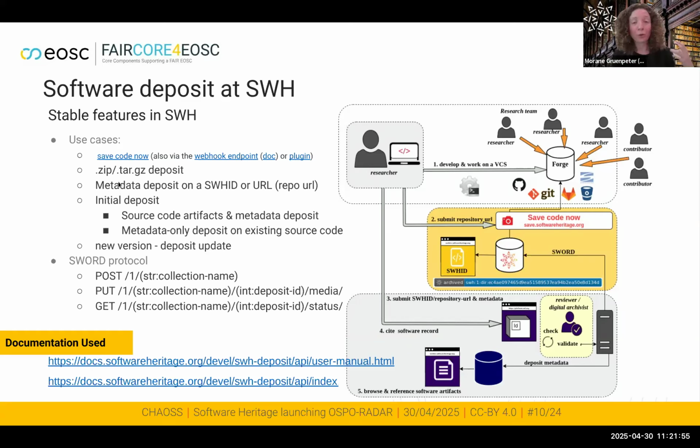There's the possibility to deposit a zip file with metadata, and have this kind of mechanism where there's both sides, the full development history with some metadata. And we have the SWORD protocol to do that, but this is more really technical for infrastructure people.